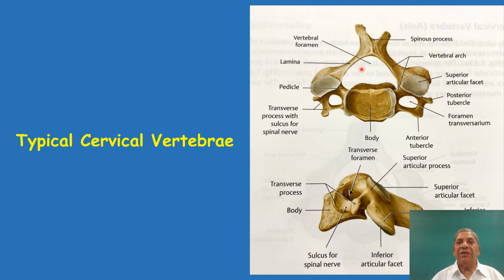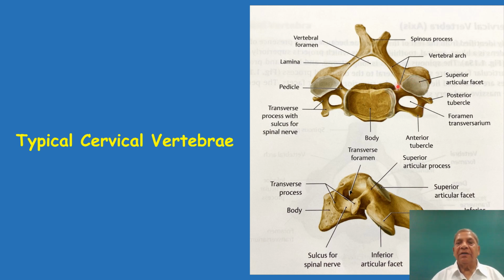So the neural arch consists of pedicle and lamina, and then he will ask, then what are these bony processes? Then you say that from the neural arch, 7 different bony processes come out. For example, from the pedicle and partly from the body, this process which is coming out is called the transverse process.